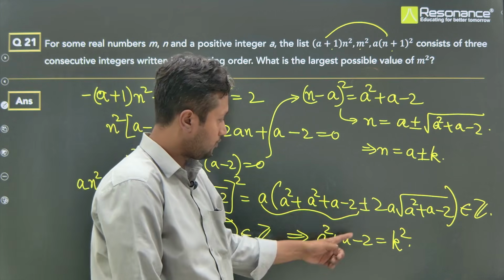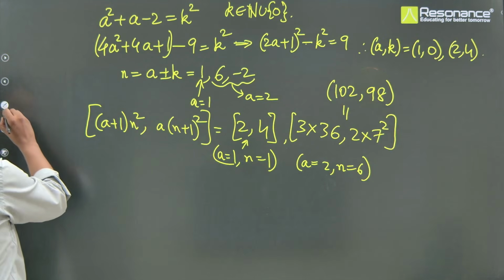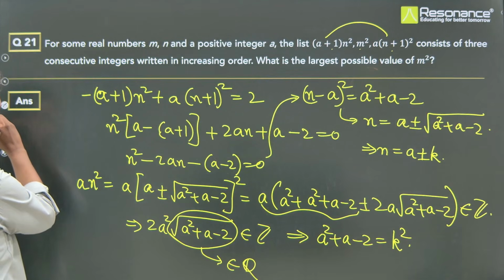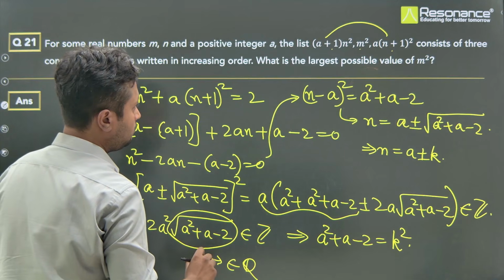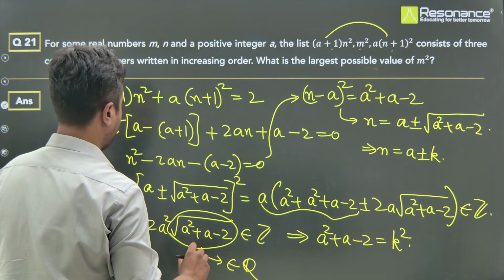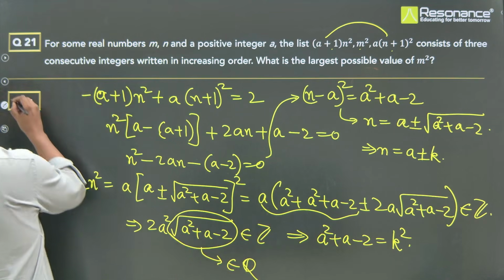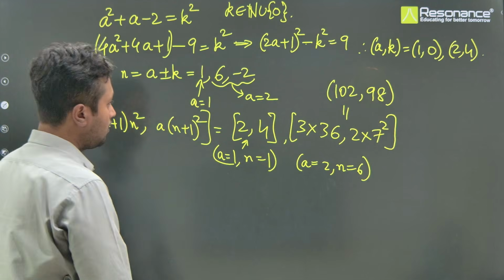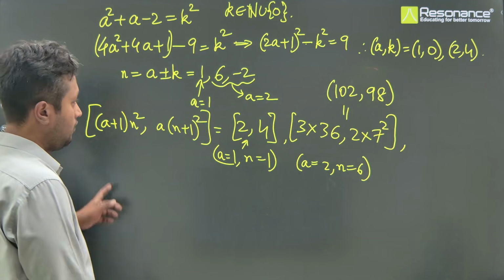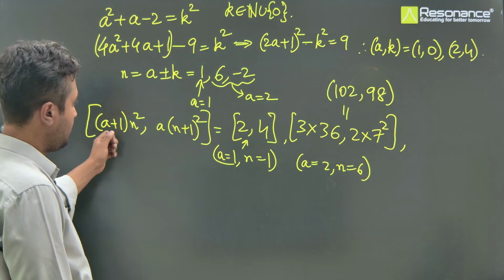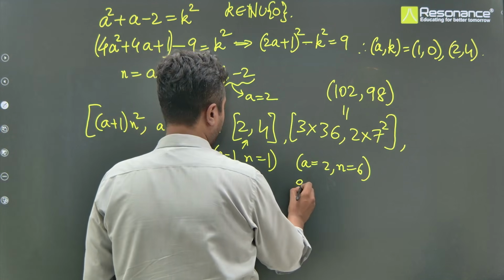All of that is also fine. To 6 square, 36, 9, 12.